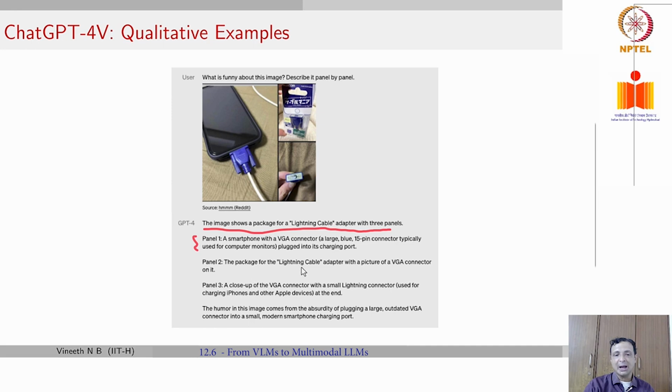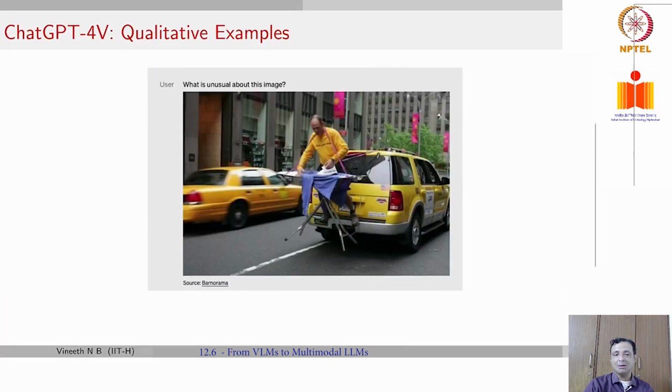Panel 2 is a package for the lightning cable adapter with a picture of a VGA connector on it. Panel 3 is a close-up of the VGA connector with a small lightning connector at the end. The humor in this image comes from the absurdity of plugging a large outdated VGA connector into a small modern smartphone charging port. Here's one more example.